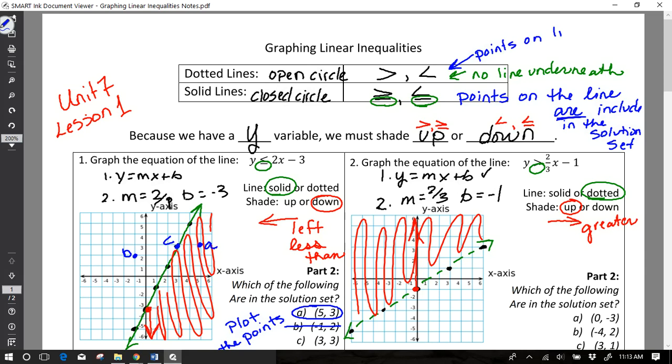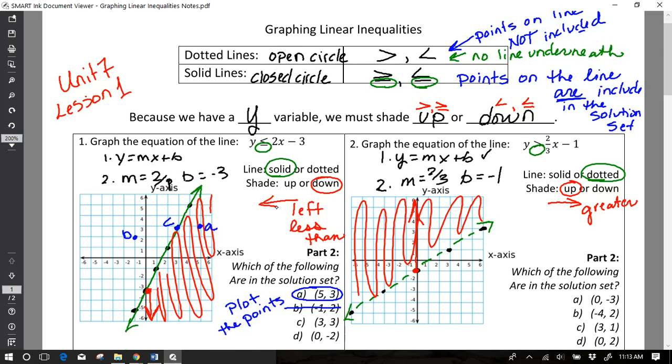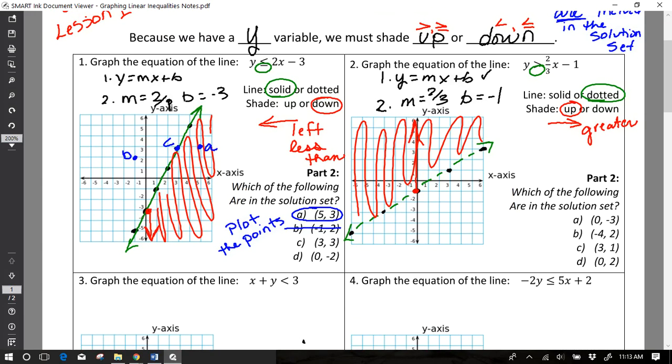Points on line not included, and I just kind of shorthanded that. So in this example number one, is the C going to be included? Yes or no? Well, because this is a solid line, then the answer will be yes. And then the last point is 0, -2, which is option D, and that is outside of the solution set.